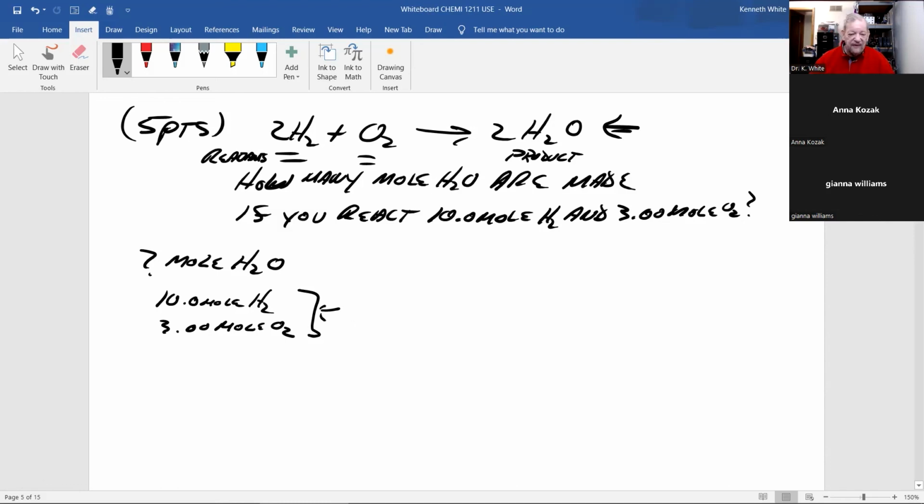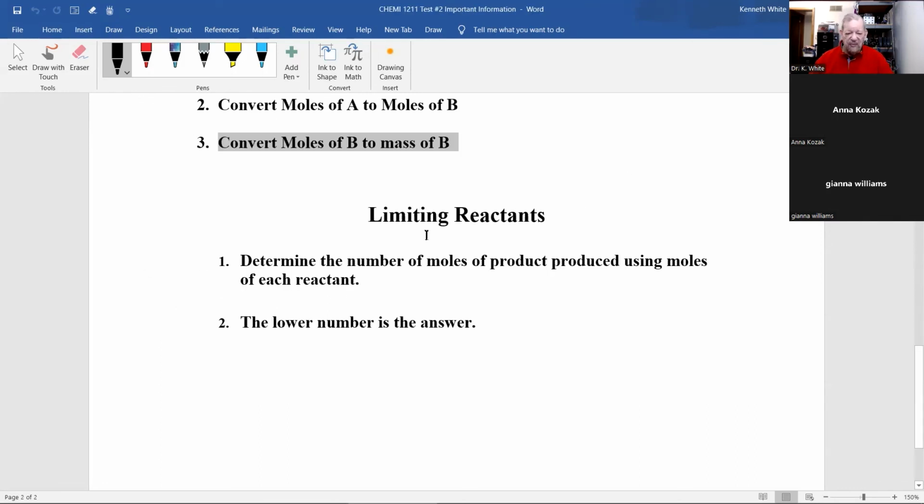Well, you look at important information, limiting reactants. Now, the best way I found to do this is determine the number of moles of product using the moles of each reactant. And the lower number is your answer. Again, you have to do two things, determine the number of moles of product using each reactant. So how do we do that?